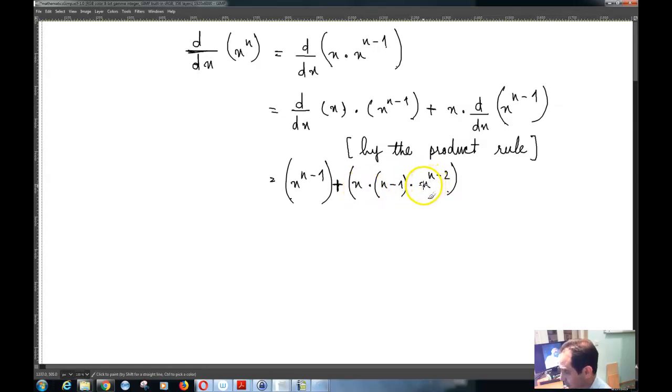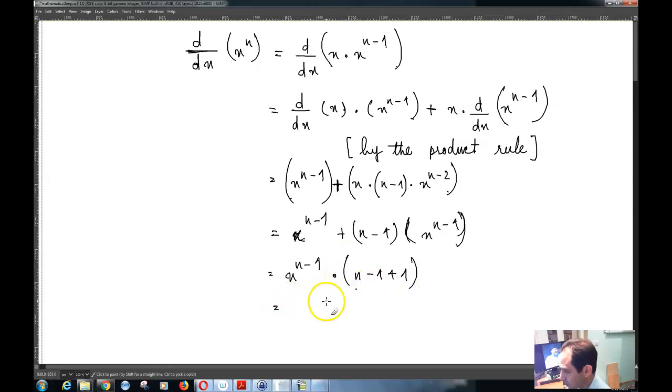So x times x raised to the power n minus 2 is the same thing as x raised to the power n minus 1. So that is x raised to the power n minus 1 plus n minus 1 times x raised to the power n minus 1, which is equal to x raised to the power n minus 1 times n minus 1 plus 1, which is the same thing as n times x raised to the power n minus 1.